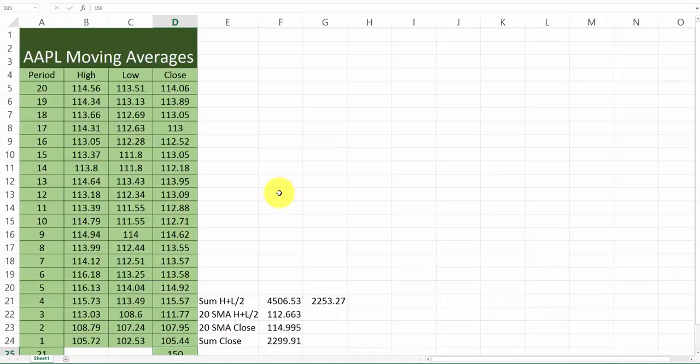While they are faster, they can be choppier and they can give you a lot more head fakes. The whole point of moving averages are to either read the trend or find buy and sell signals. So if you're getting head faked left and right because it's giving a heavier weighting to these guys, then you're going to get scared out every single time around. And that's the difference between using a 3 simple moving average and a 20 simple moving average.